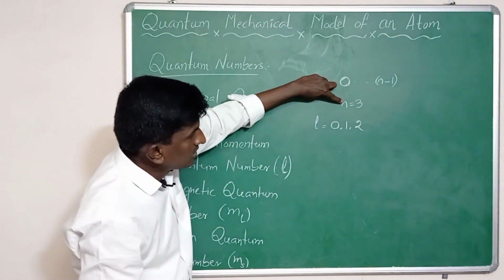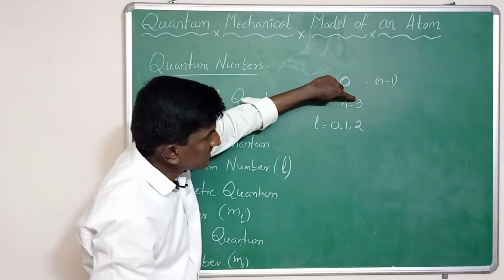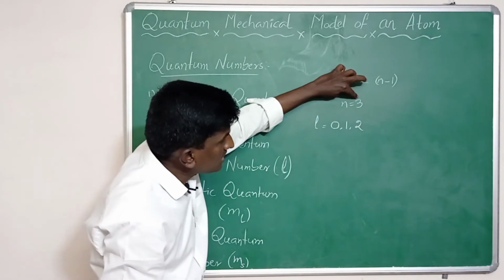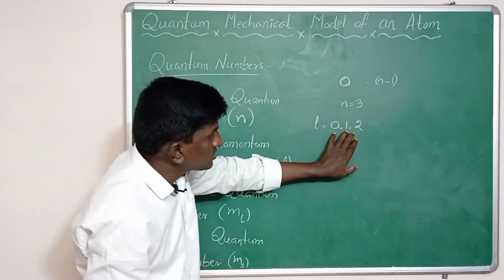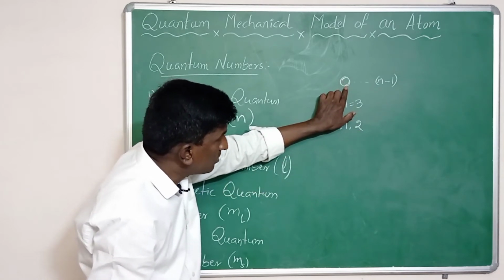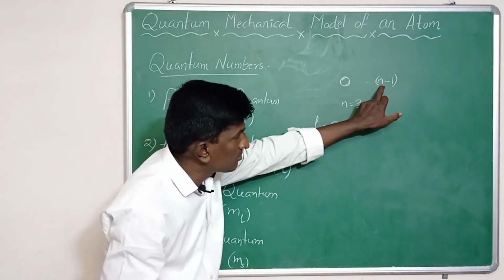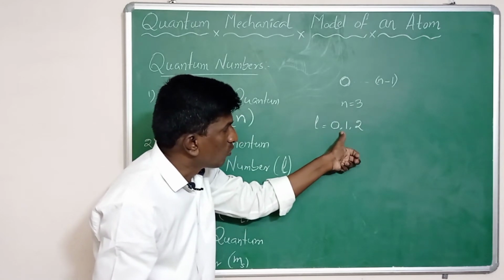So here the principal quantum number is 3, there are 3 values, and they are 0, 1, 2.